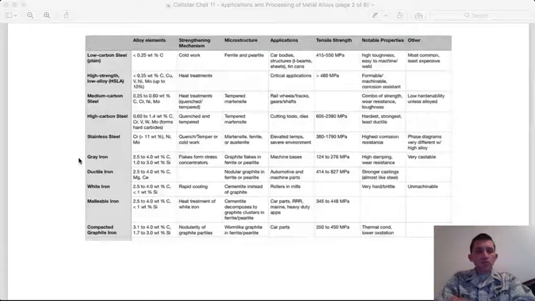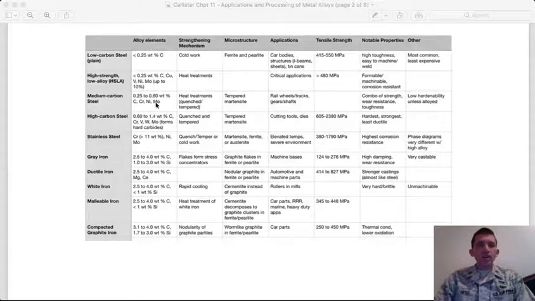And so if we look at, let me take these one column at a time, we look at the alloying elements. We have, again, the plain steels are just iron and carbon, and low alloy is less than 0.2% carbon.